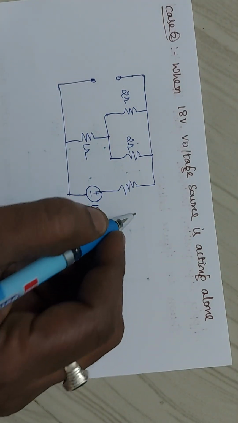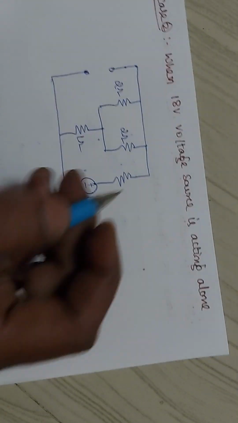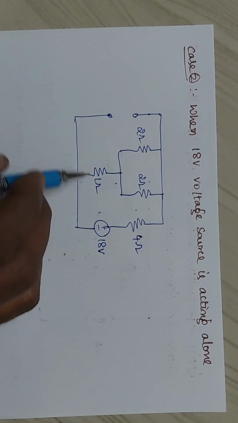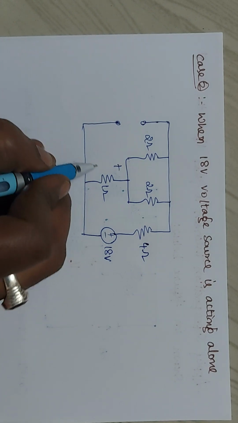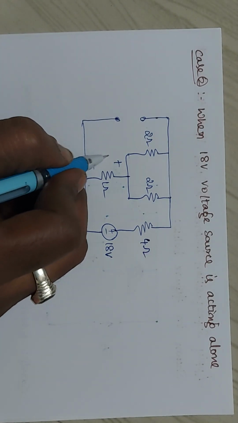Now what is this resistance? I think that resistance is 4 ohms. Okay, now I need to find again the response in the same 1 ohm resistance due to this 18 volts. I consider this as V2.